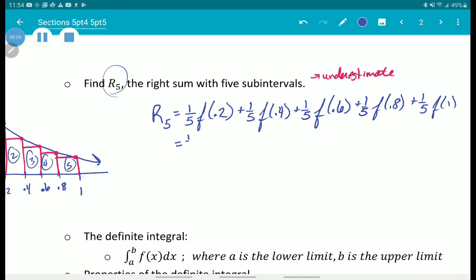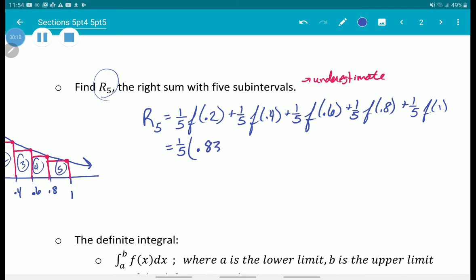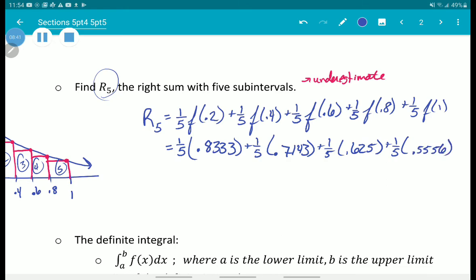Okay, let's plug our numbers in. I plug in 0.2, I get 0.8333. 0.4 gives me 0.7143. 0.6 gives me 0.625. 0.8 gives me 0.5556.